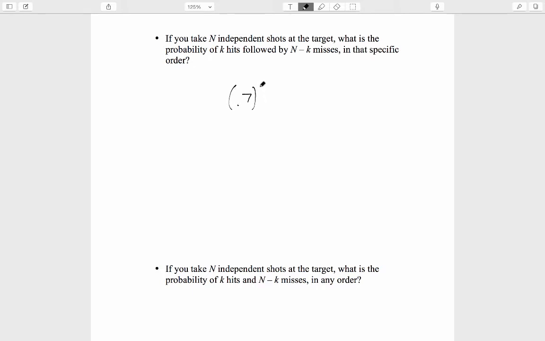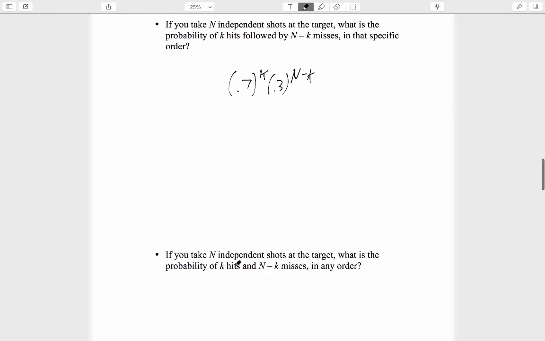We have 0.7 raised to the number of hits. We have a product of as many copies of 0.7 as there are hits, times as many copies of 0.3 as there are misses, and that now is n minus k. Probability of a hit raised to the number of hits times probability of a miss raised to the number of misses. That's for one specific order.